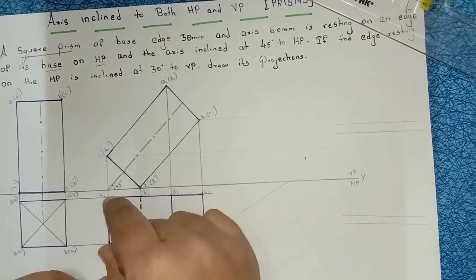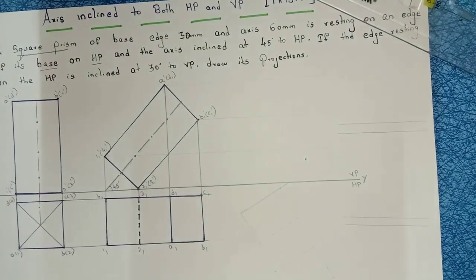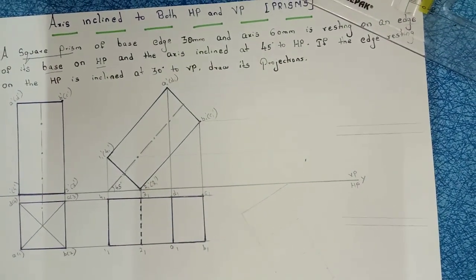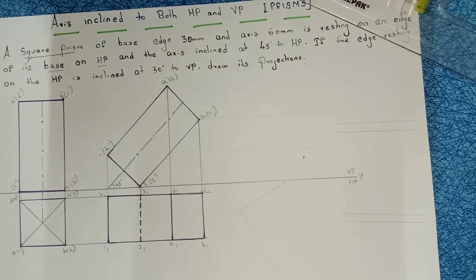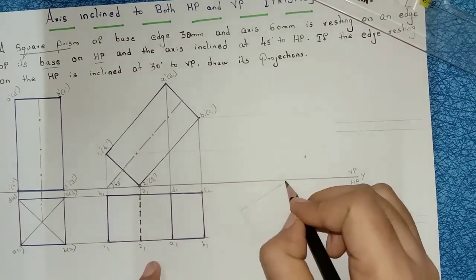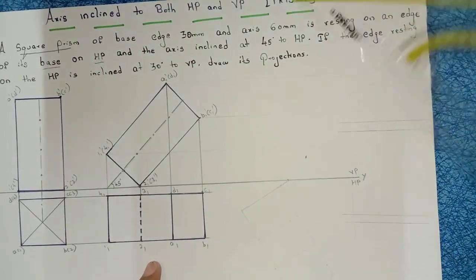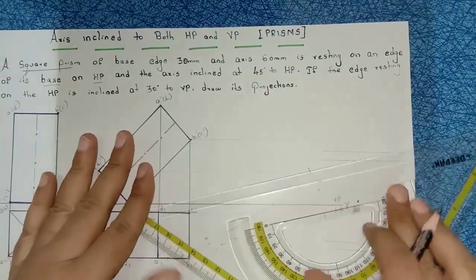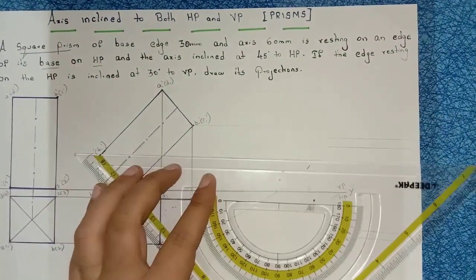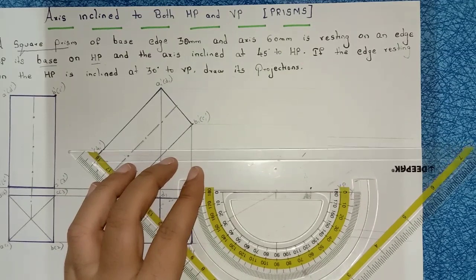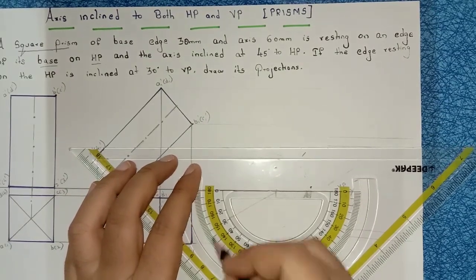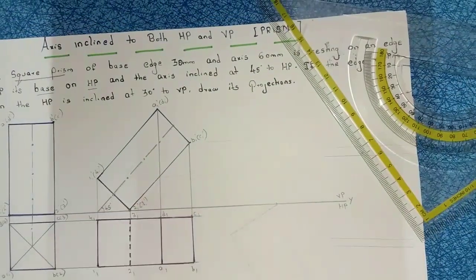Now this is inclined at an angle of 30 degrees to VP, right? So what you have to do, you can leave any distance here, mark a point, right? Place your protractor on that point, angle is 30 degrees, right?